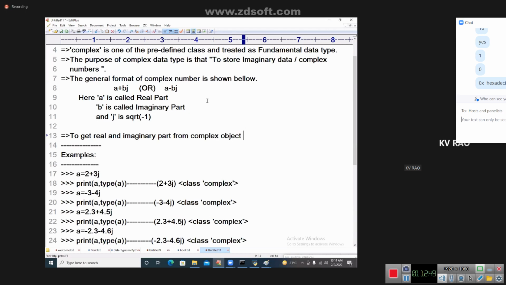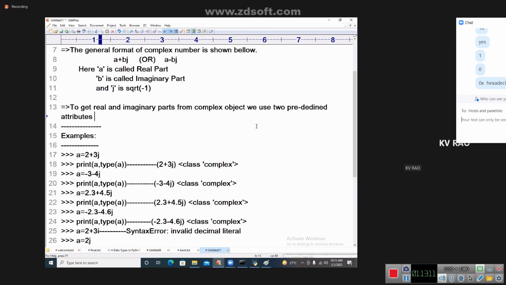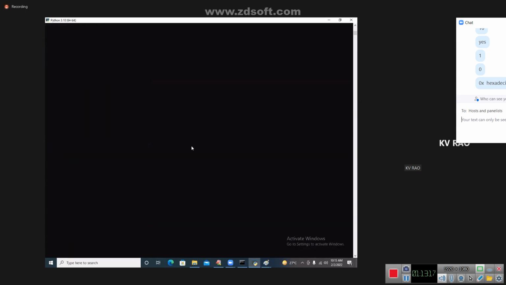To get real and imaginary parts from a complex object, we use two predefined attributes. Look, I'm going to give you the clarity on this area.